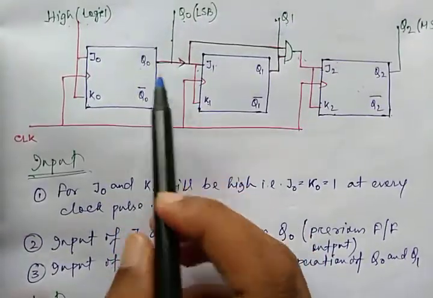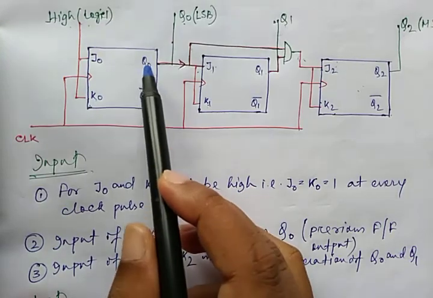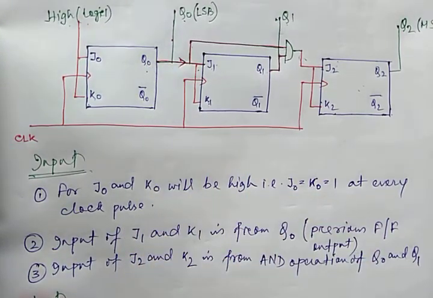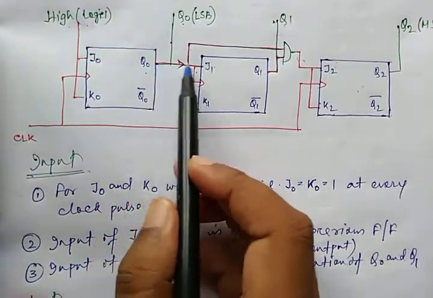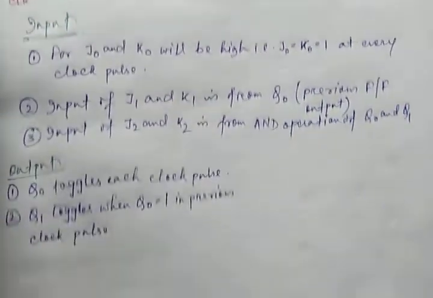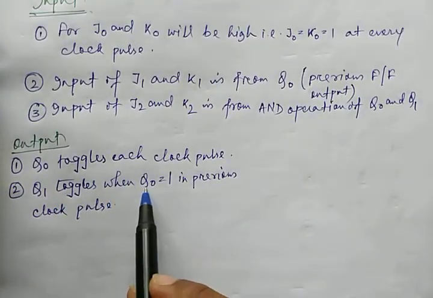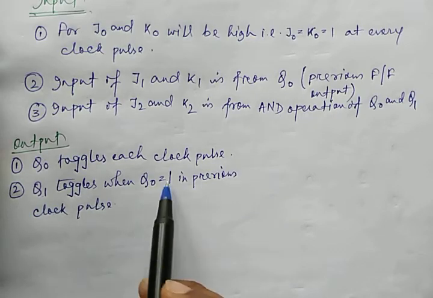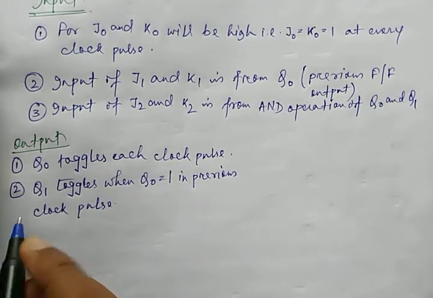Because if there is a change in the previous one, then this output will feed as input in the next clock pulse. That's why Q1 toggles when Q0 equals 1 in the previous clock pulse.